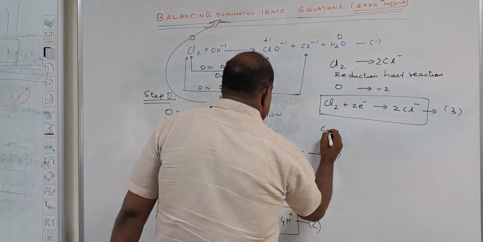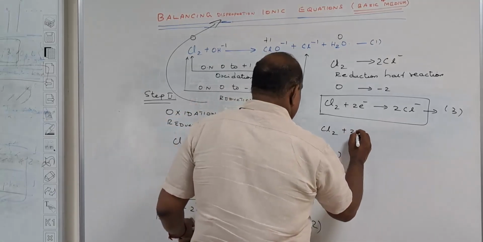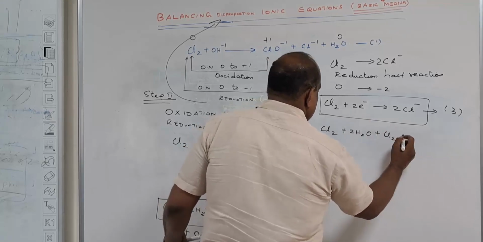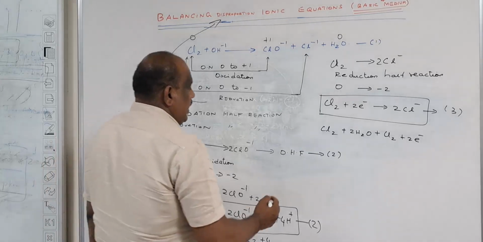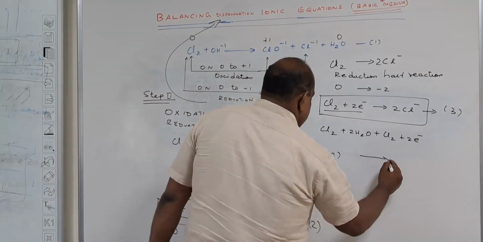So it will become Cl2 plus 2H2O plus Cl2 plus 2 electrons. First I have added these 2 terms, then I have added these 2 terms. So the left hand side becomes like this. Let us now move on to the right hand side.